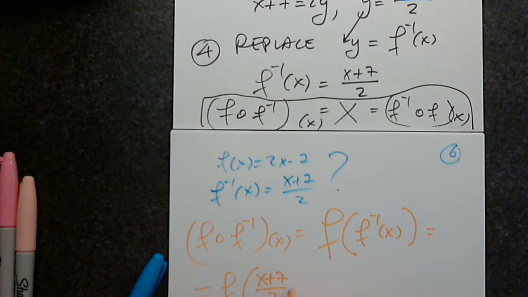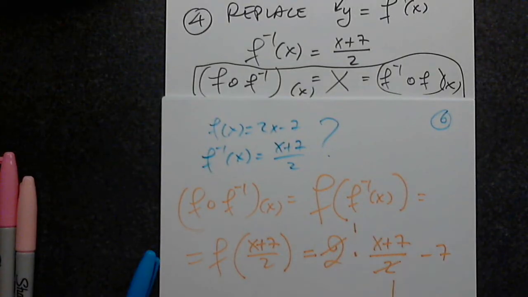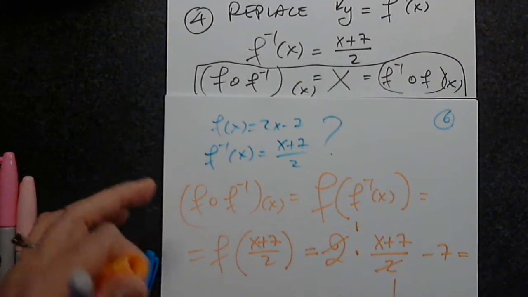So f of (x plus 7) over 2 equals, and now please tell me what is next. Exactly, 2 multiplied by (x plus 7) over 2 and minus 7. Of course, we will simplify first. We have what left?